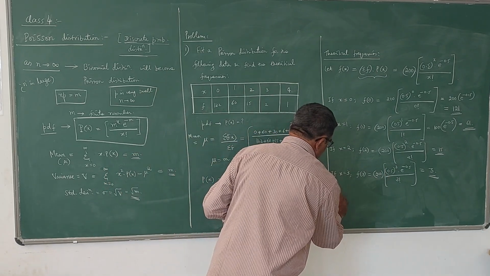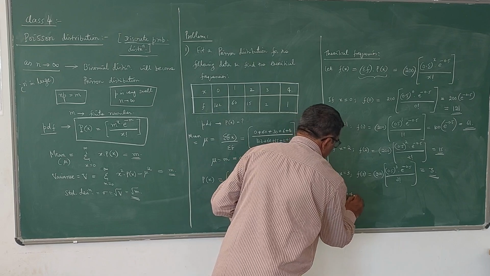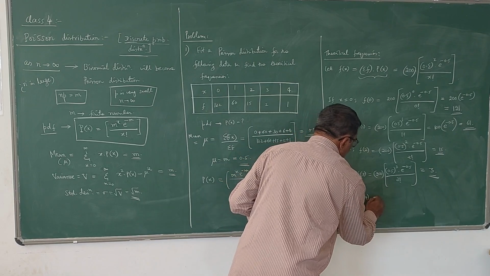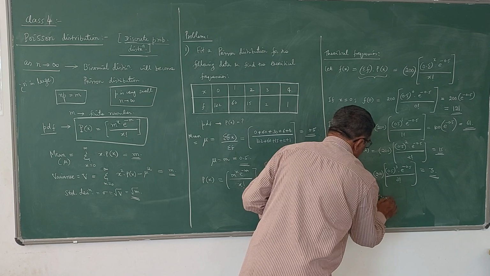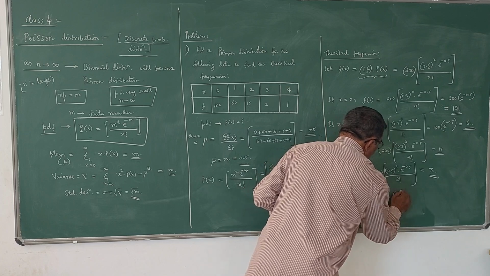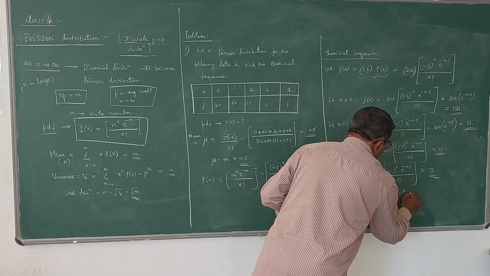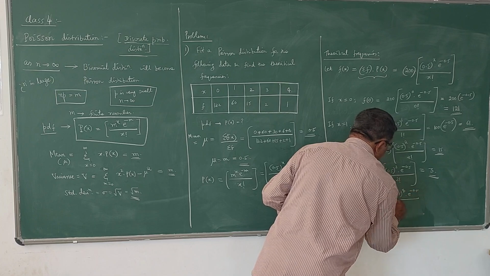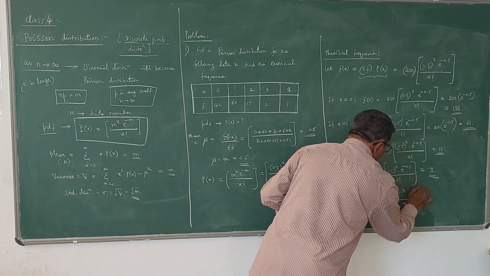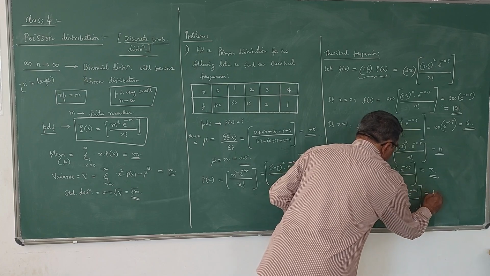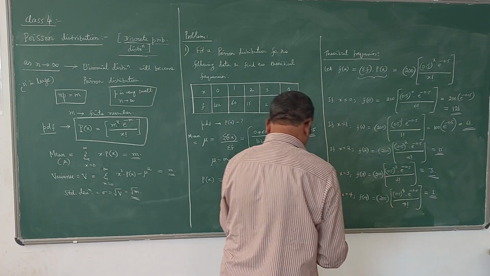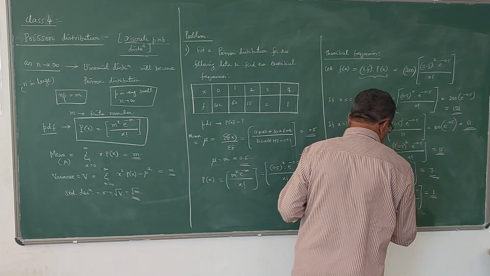Then lastly, x is equal to 4, f of 4, 200 into 0.5 to the power 4 into e to the power of minus 0.5 divided by 4 factorial, which you will get as nearly 0.